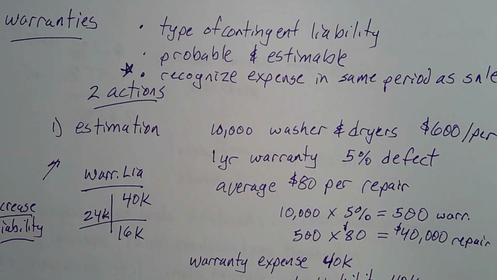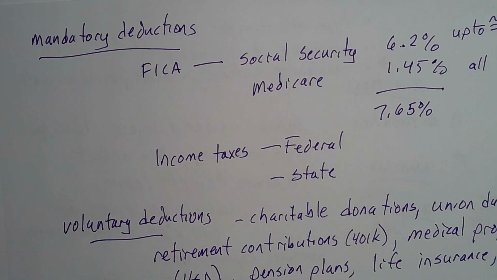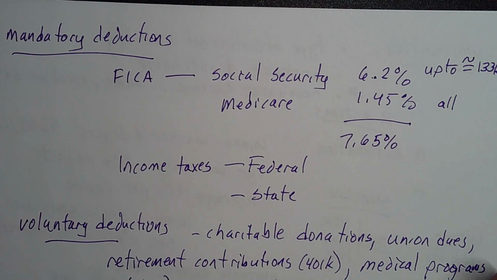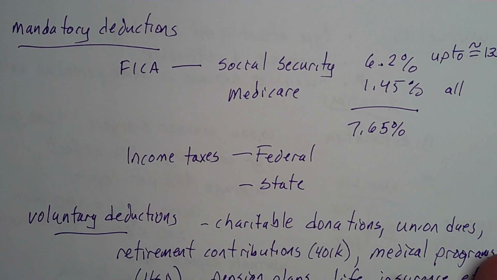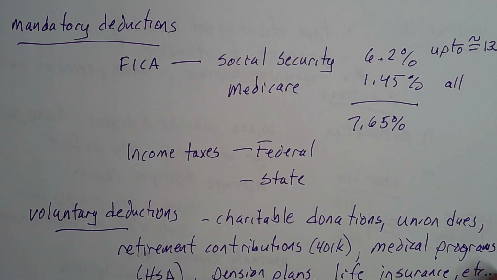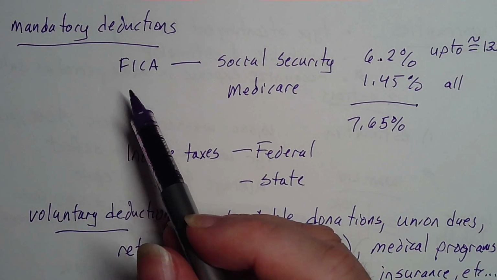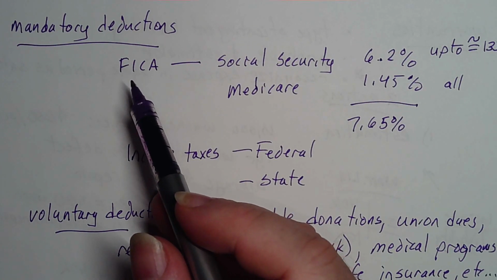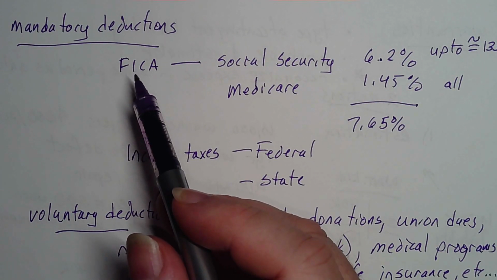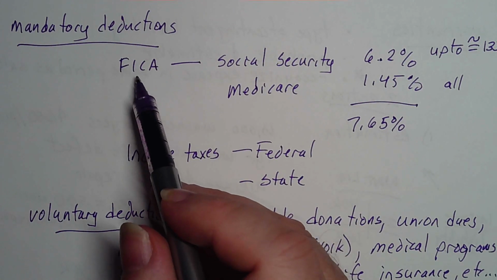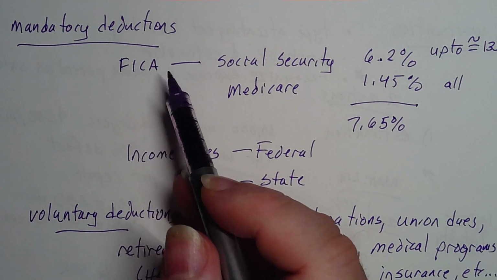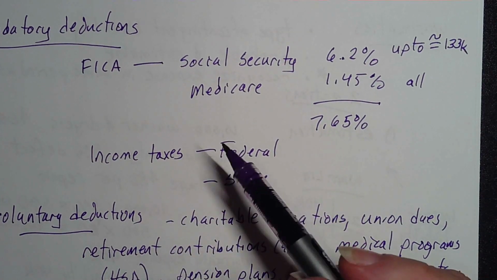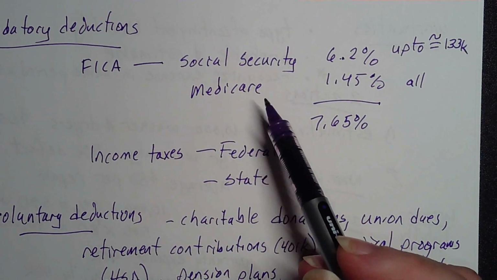So what are the other things that go into payroll? Well, as if you've looked at your own pay stub, you notice that there are things that are deducted from your pay stub. So there are some mandatory deductions, and let's take a look at those first. First one is FICA, and I can't remember, federal, I always forget what it is, something Act. It is made up of two parts, Social Security and Medicare.